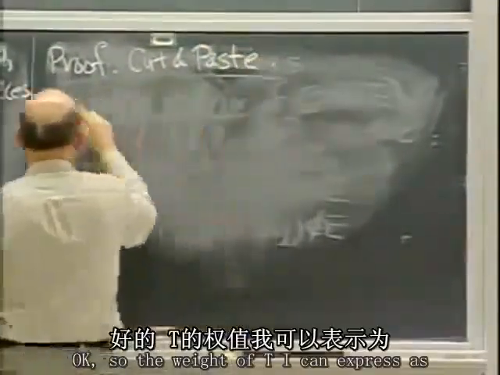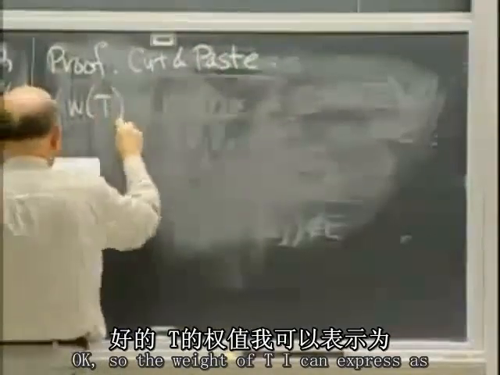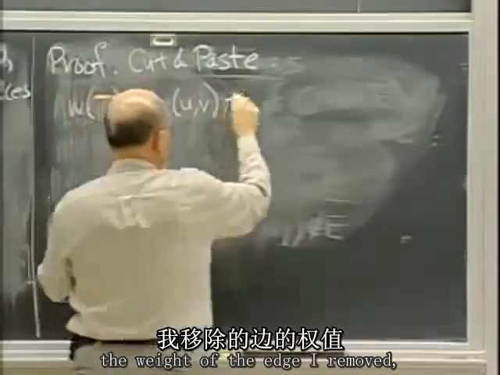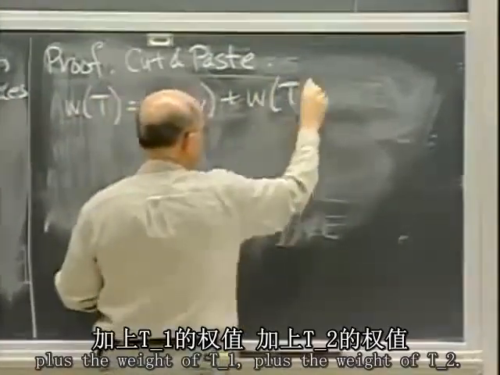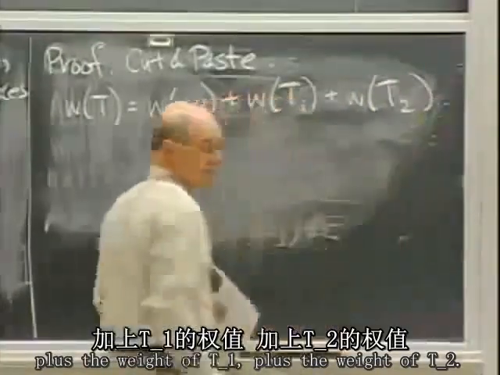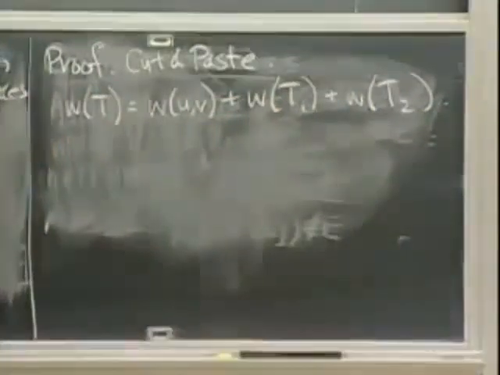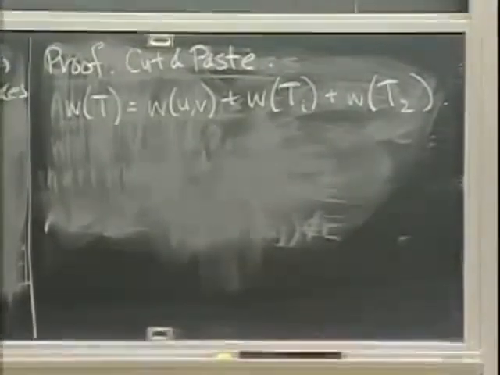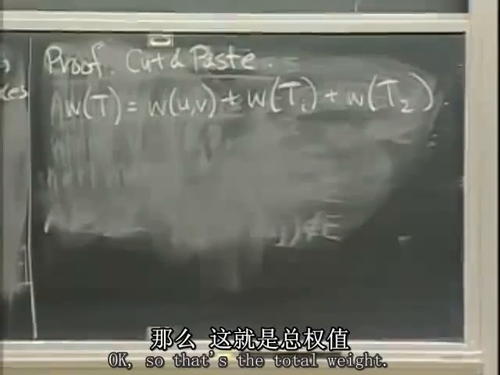Okay. So the weight of T I can express as the weight of the edge I removed plus the weight of T1 plus the weight of T2. Okay? So that's the total weight.